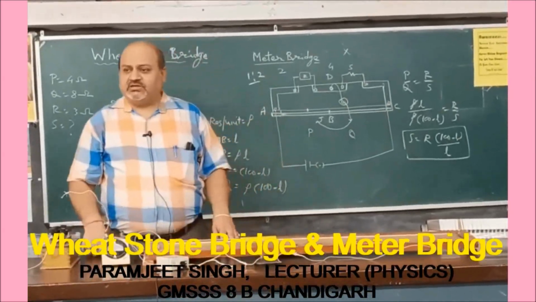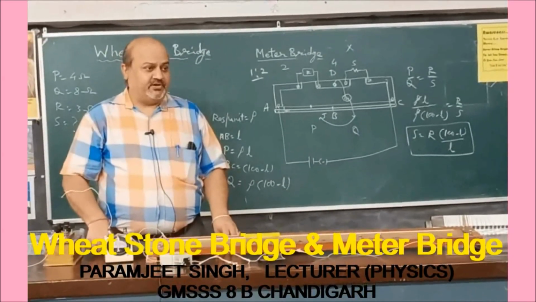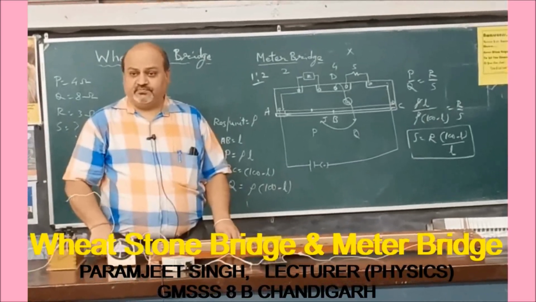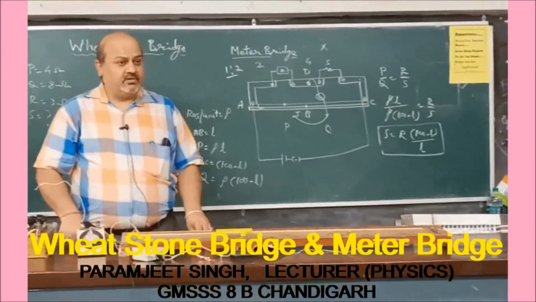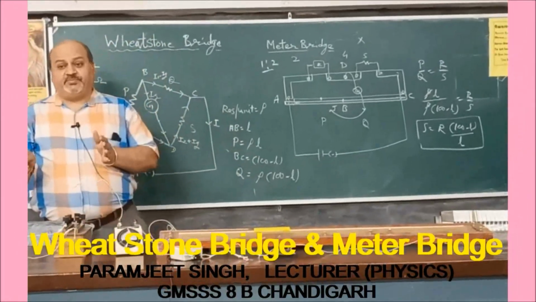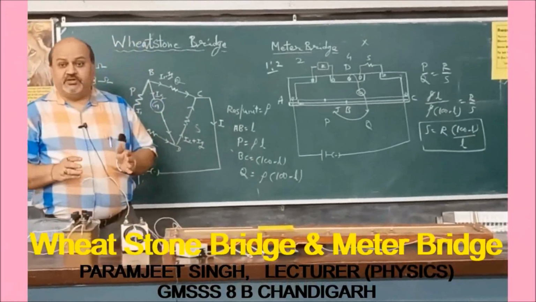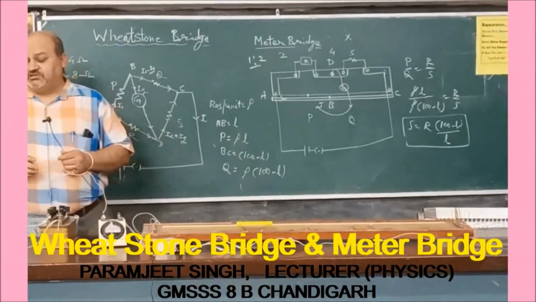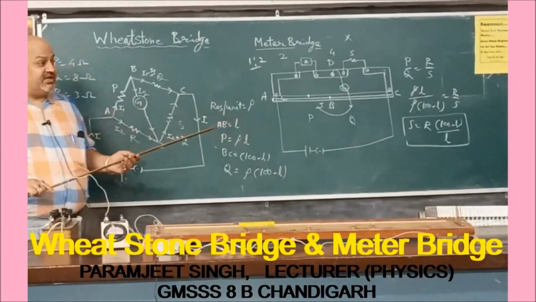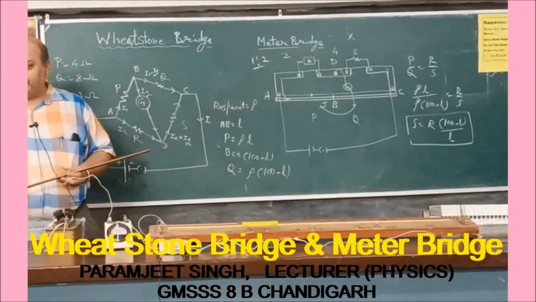In the next class we will perform the experiment if the theory is clear to you. Any doubt? So today we have gone through the principle of the Wheatstone bridge, derivation of the principle using Kirchhoff's laws, and how the Wheatstone bridge can be practically applied to the meter bridge.